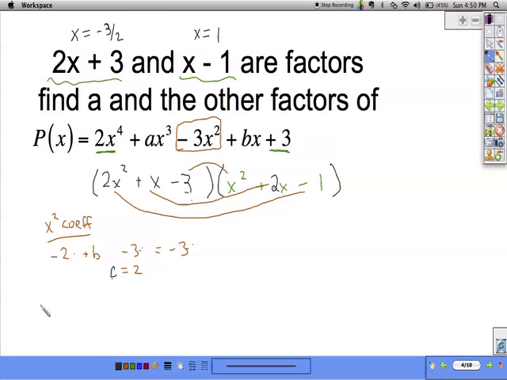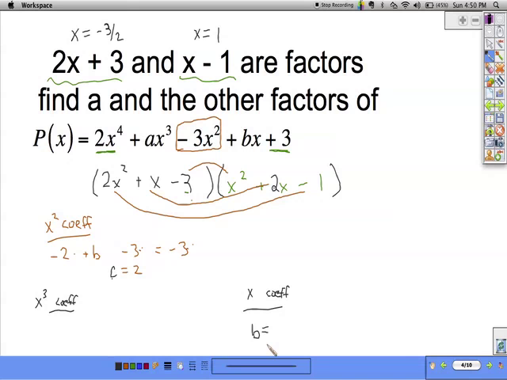But now I need a and b. So I'm going to need to look at the x cubed coefficients, and I'm going to need to look at the x coefficients. I know that for the x coefficients, they're going to need to equal b of them.